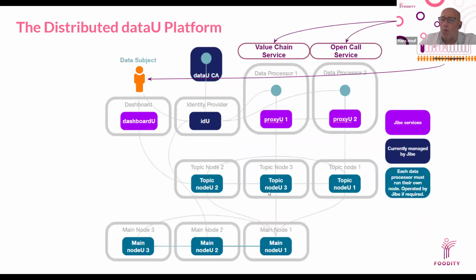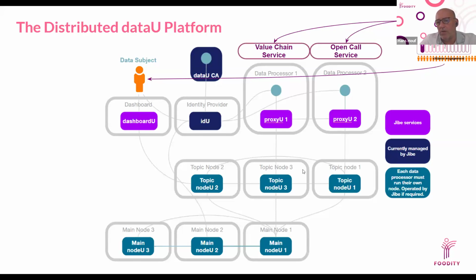This gives you a more in-depth view of how the distributed DataU platform works. I will not go into many details here. On one side you have data processors, and as we said before, the citizens or data subjects. We have an entity which identifies you as a person, or as a company or organization.